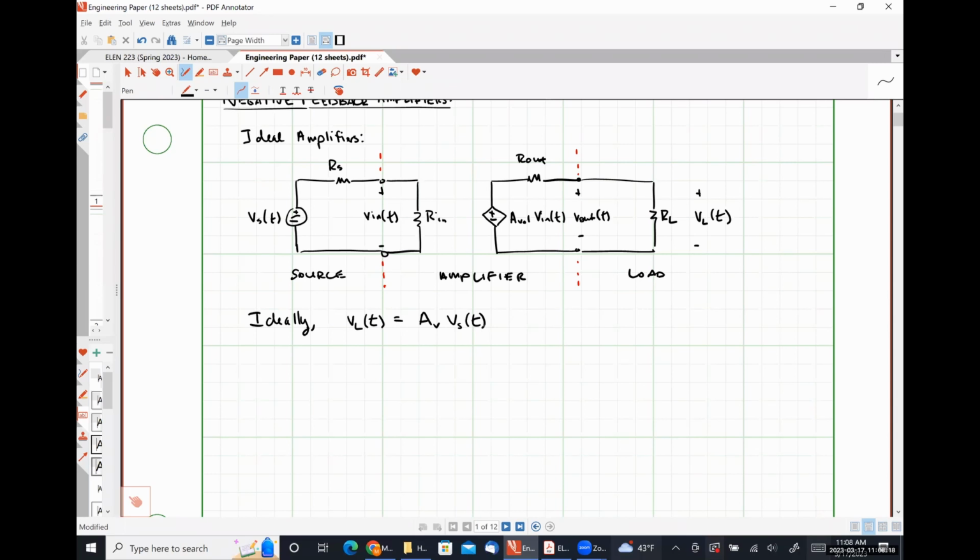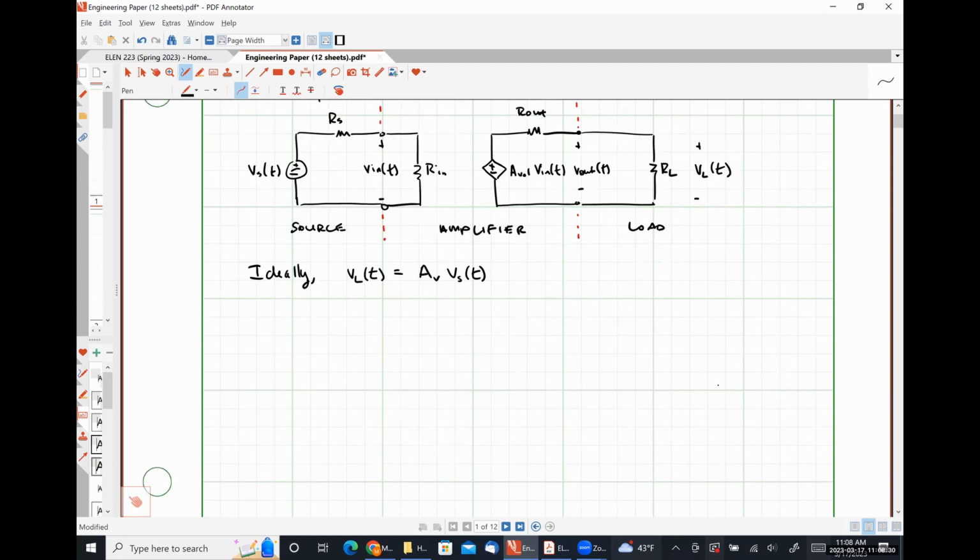I can write a voltage divider equation for this left-hand side, and I could see that Vn is going to be Vs of t times Rn over Rs plus Rn.